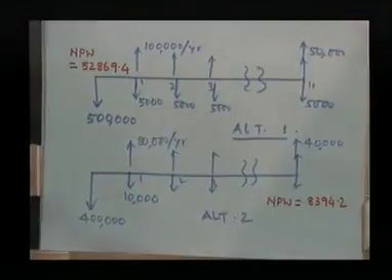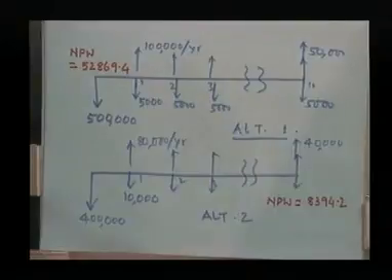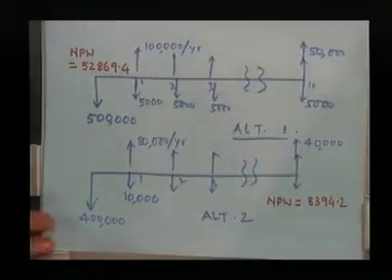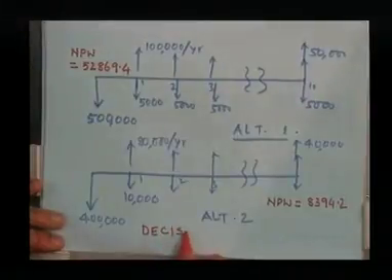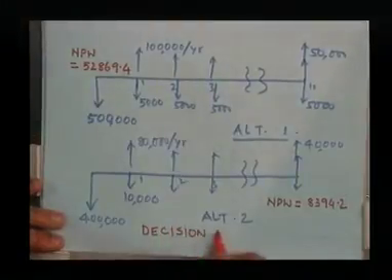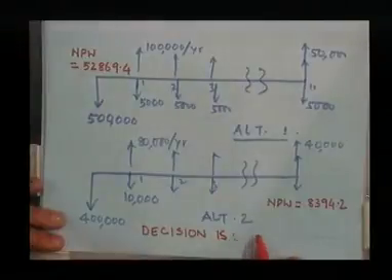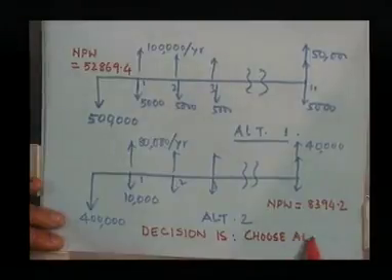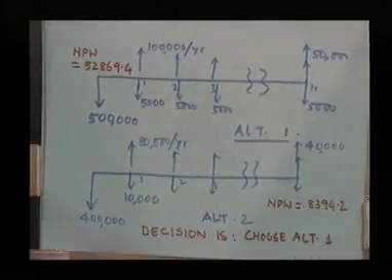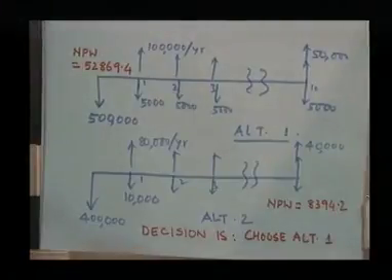So, if we assume that the values of variables are fixed, they are not going to change, then our decision would be to choose alternative 1. Why? Because I am getting a higher net present worth.